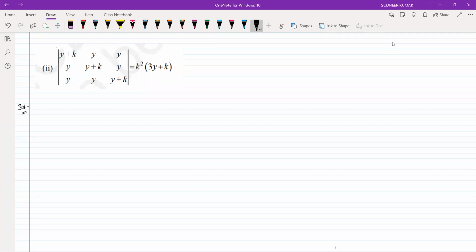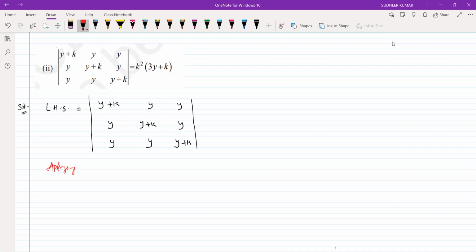So let us start with LHS. LHS is the determinant with rows: y plus k, y, y; y, y plus k, y; y, y, and y plus k. Now applying R1 changed as R1 plus R2 plus R3.